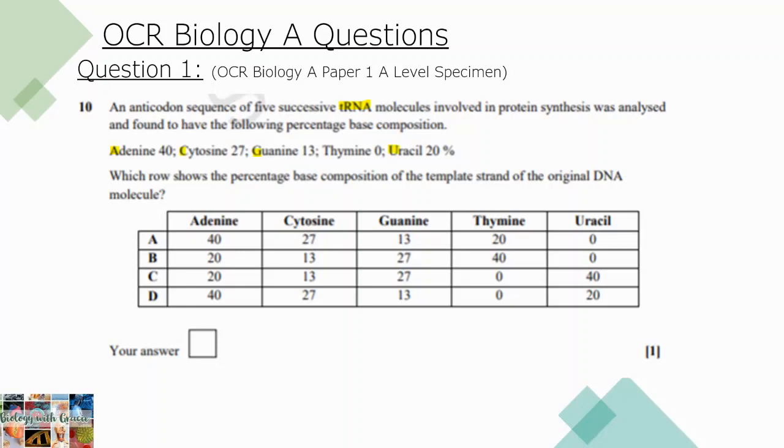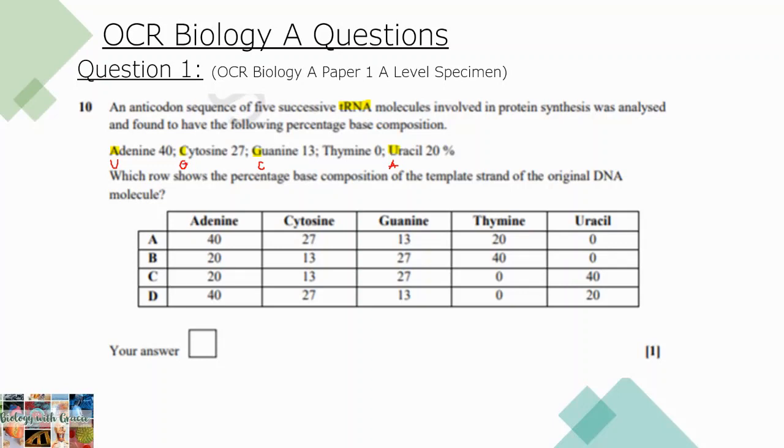So we know that our mRNA strand codons complementary base pair with our tRNA. So if we work out what they would be, adenine A pairs with U, C pairs with G, G pairs with C, and U pairs with A. So our mRNA is going to have the same percentages of this, but for these bases.